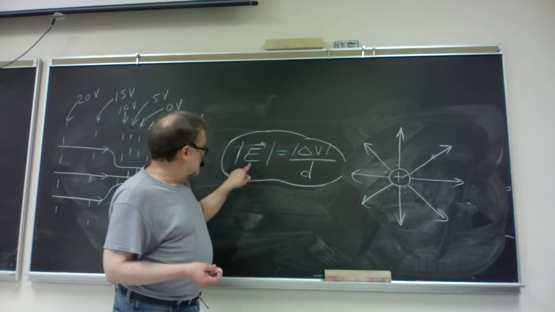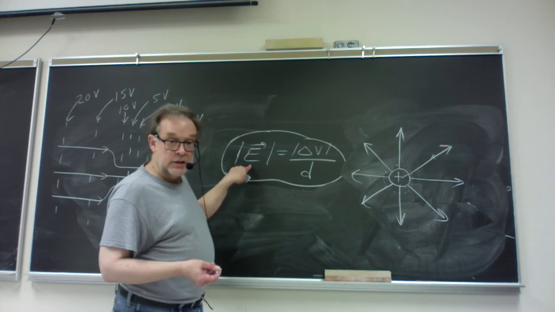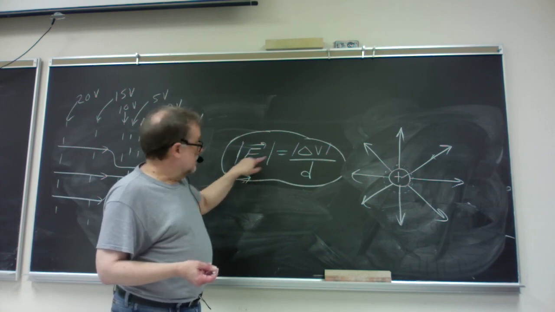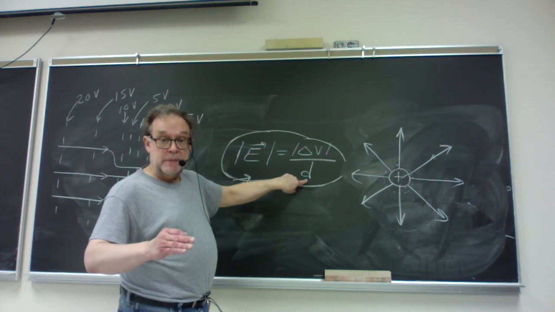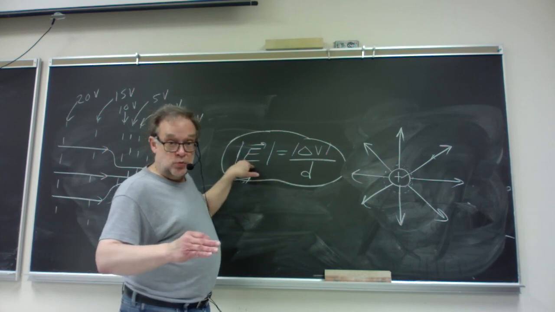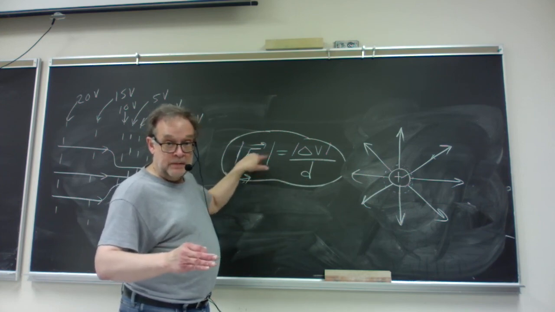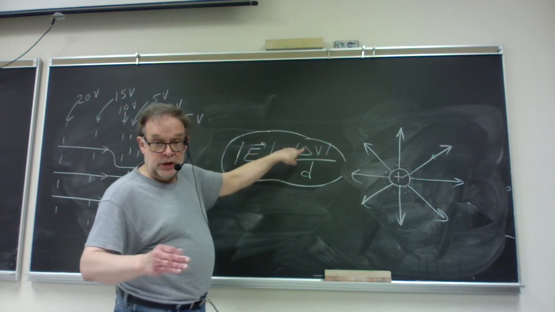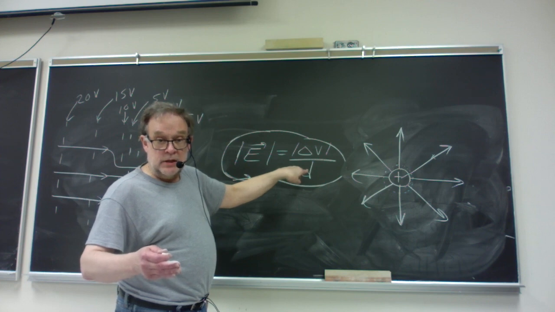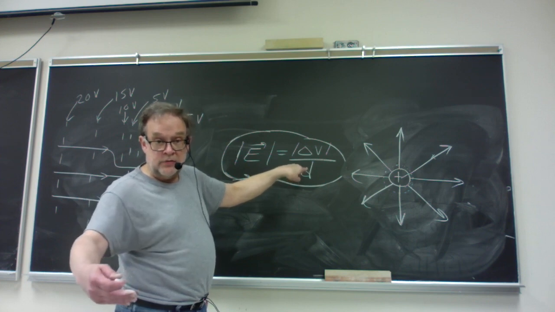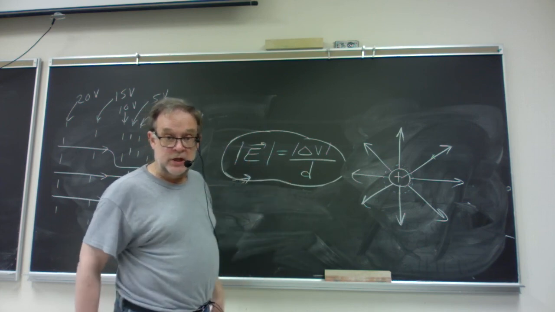And a similar sort of thing would have to happen with the equipotential lines, because if the electric field gets weaker, then for any given amount of potential change, this distance must be getting bigger. Right? When the field gets weaker, let's say this is a 5-volt potential change, this is always 5 volts, then you have to travel a greater and greater distance to get that 5-volt potential change when the field is getting weaker.